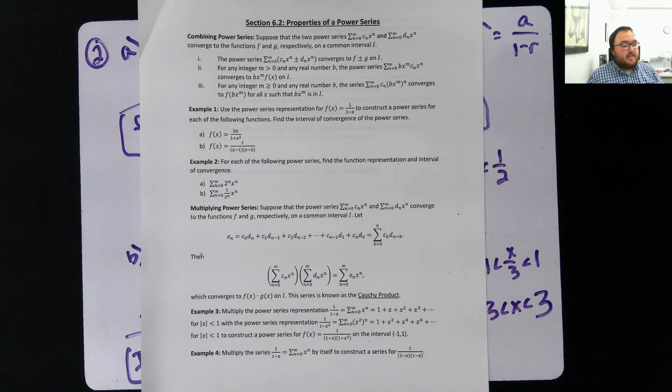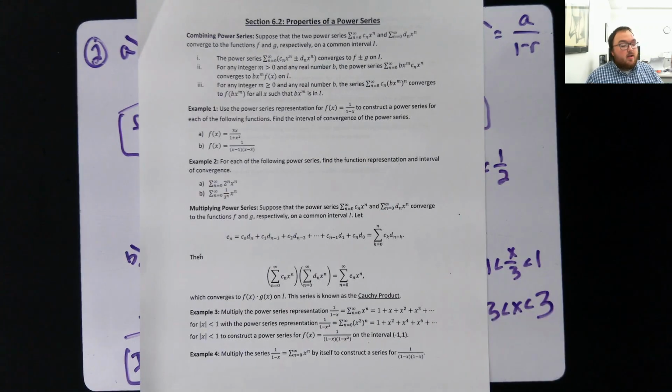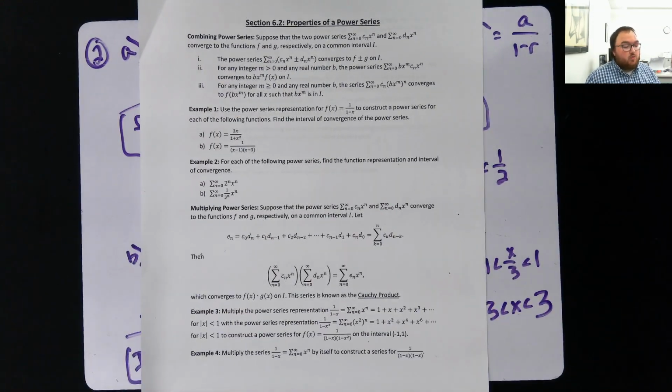En is equal to C0 dn plus C1 dn minus 1 plus C2 dn minus 2 plus dot dot dot up until Cn minus 1 d1 plus Cn d0, which is equal to the sum of Ck dn minus k.